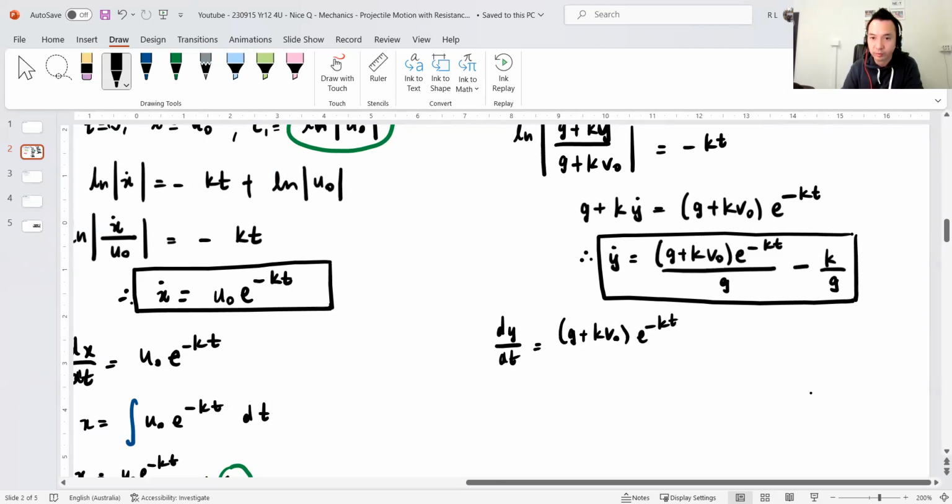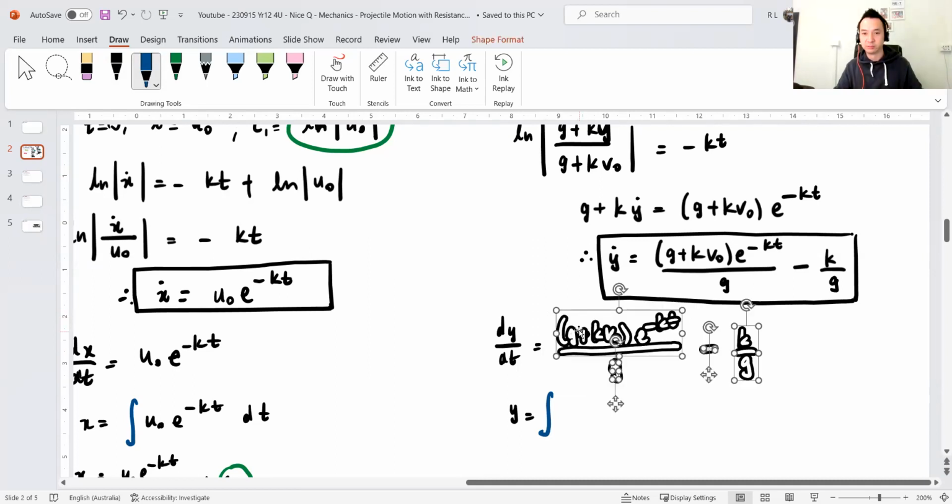It's not too bad, it just looks messy, but there's a lot of constants here. g, k, v0 are all constant, so this just looks like an exponential and a constant that I'm integrating. So when I do this step and integrate, because I'm lazy I'll just copy and paste that.